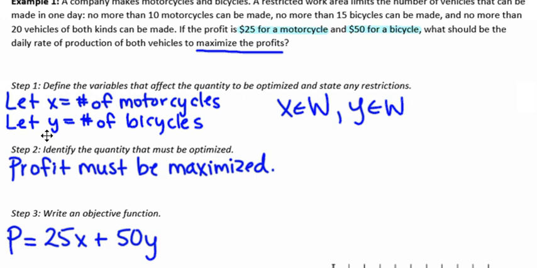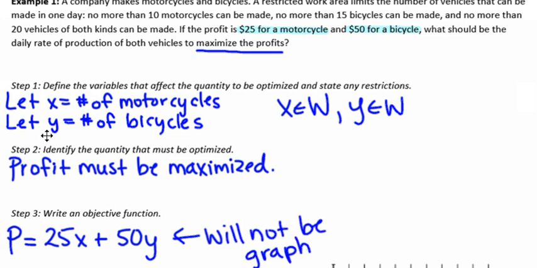This function is not going to be graphed. Our optimization function is not ever graphed. Our inequalities that have to do with this situation that we're going to talk about in step 4 will be graphed, but our optimization function is where we plug in our possible solutions. So this will not be graphed.